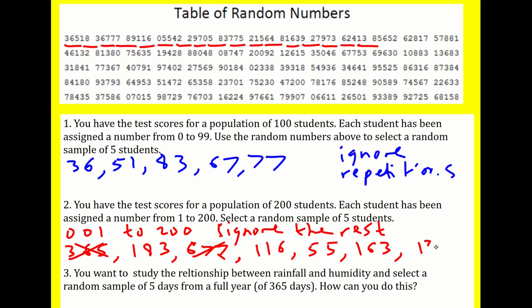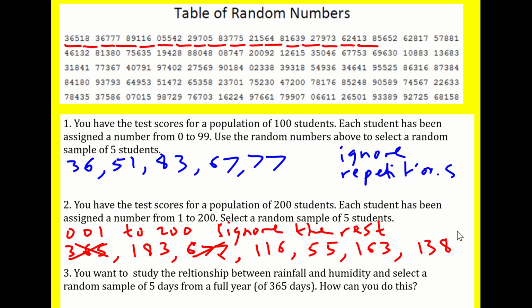And again, I've generated a random sample. It's taken a bit more time, but there we go. Sometimes people like to say, what if I say 1 to 200 and then 201 is back to being 1 and 202 is back to being 2?